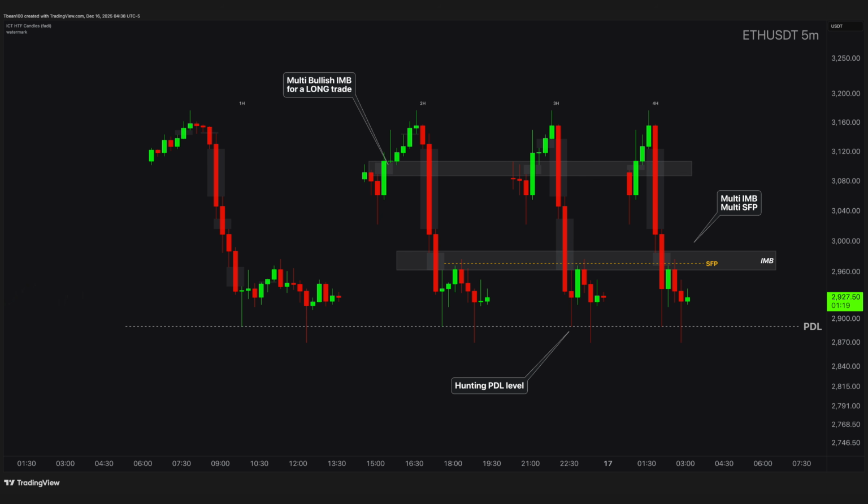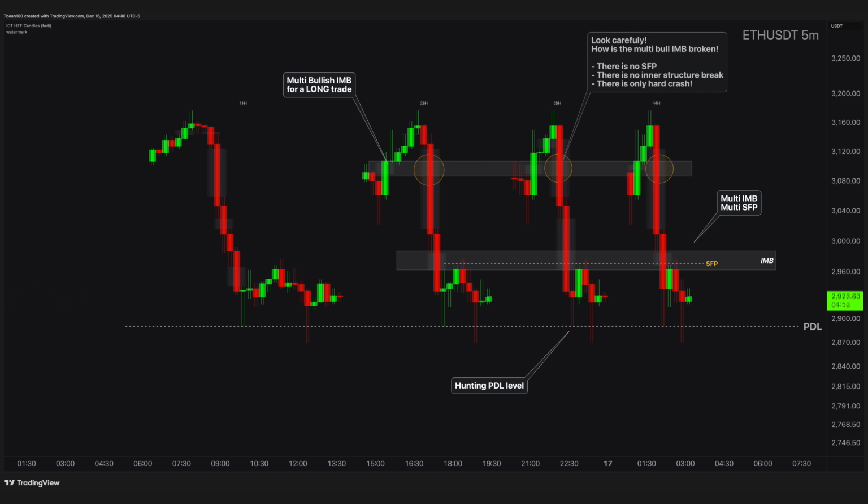However, if you look above this area, you will notice multiple bullish imbalances sitting overhead. I think this also looked like a solid area someone might consider taking a long trade here. However, if you look more carefully at this zone, there is no swing failure pattern or any type of rejection wicks.